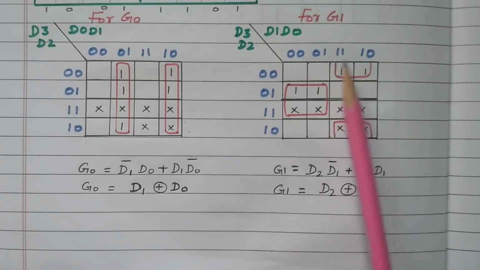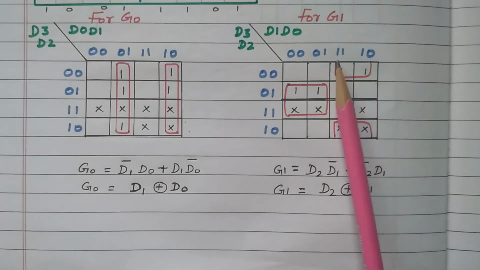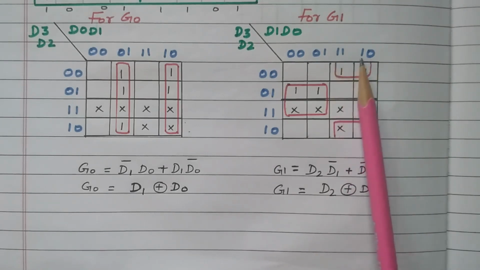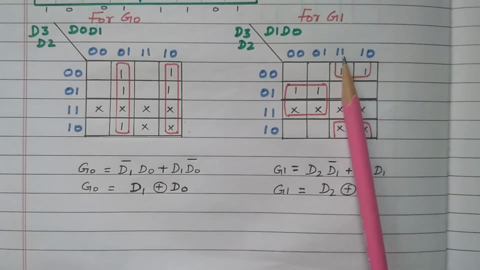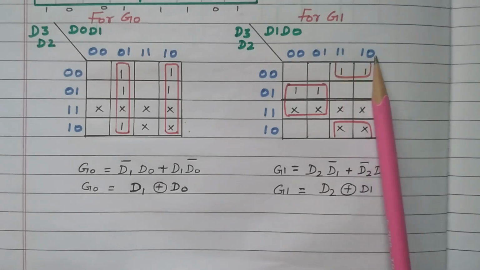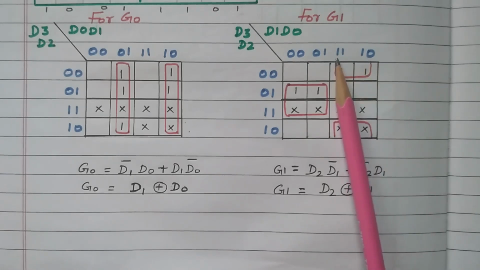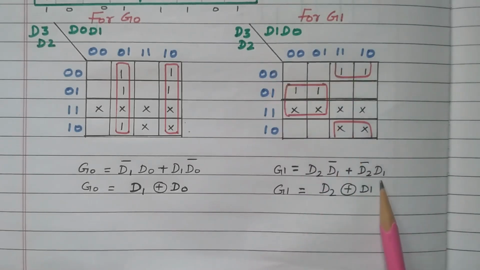Third column is 1, 1, here 1, 0. So the first digit 1 is available in both the columns. The second digit here 1, here 0. So this 1 and 0 got cancelled. So only the first digit is 1, right? What is the first digit? D1. So it is D2 dash D1, right? So D2 D1 dash plus D2 dash D1.